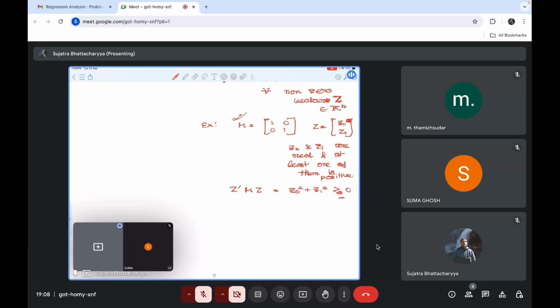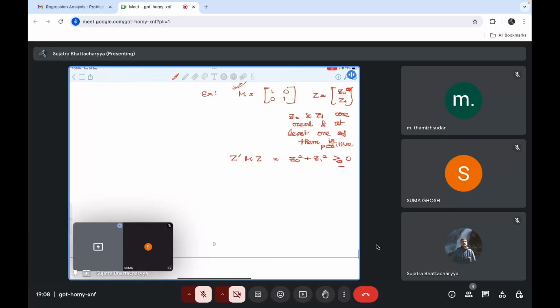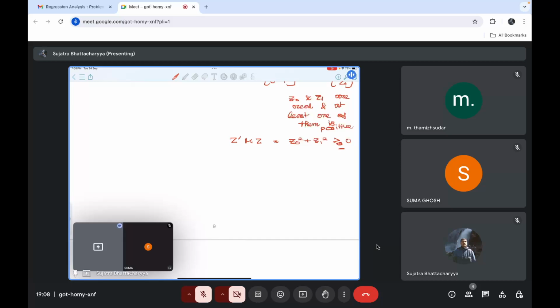There are many examples shown in the lecture of week 9. You can refer to that for positive definite matrices. But I just wanted to show some properties of positive definite matrices. Two properties I wanted to write.